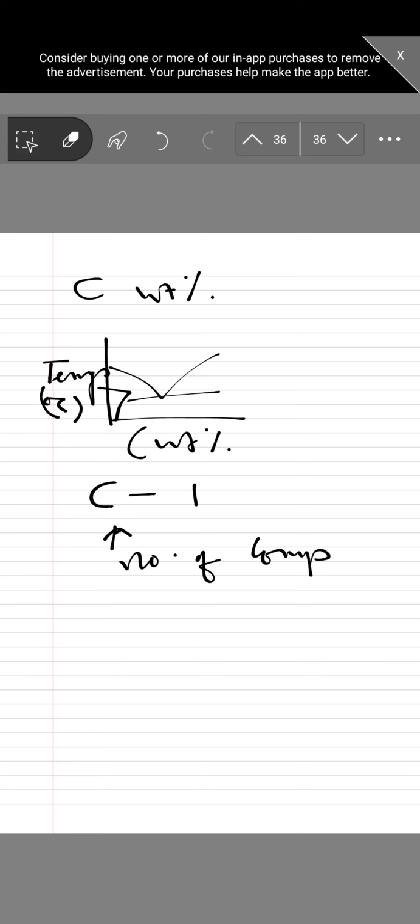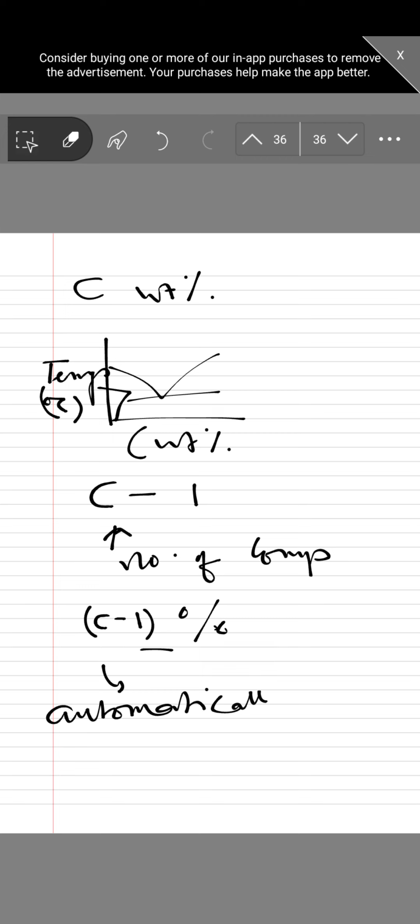Knowing the percentage of C minus 1 components automatically fixes the percentage of the last component.